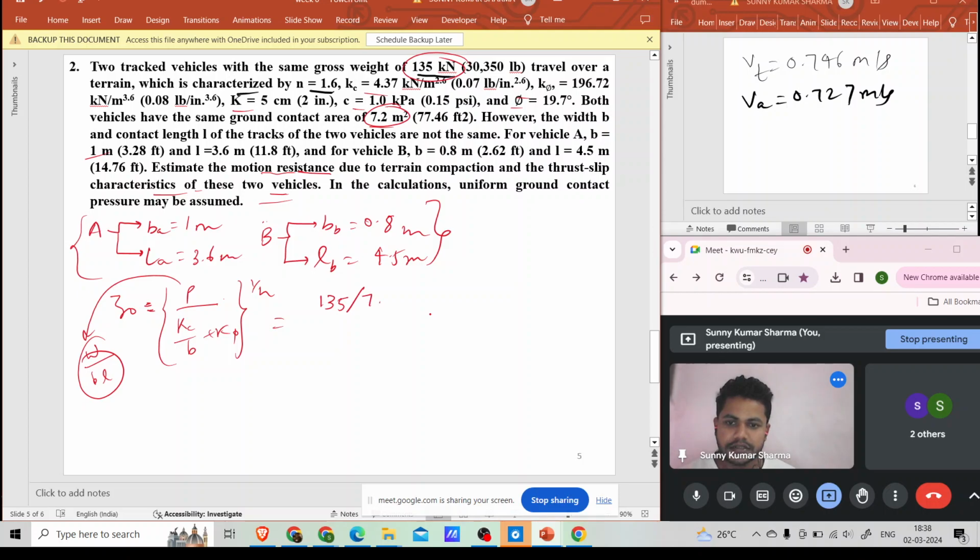The total area is 7.2 meters square. So this will become kN per meter square. This is pressure, p by K, where Kc is 4.37 divided by b, b is 1 meter here, 0.37 by b plus Kphi, Kphi is 196.72, to the power 1 by n. 1 by n is 1 by 1.6.